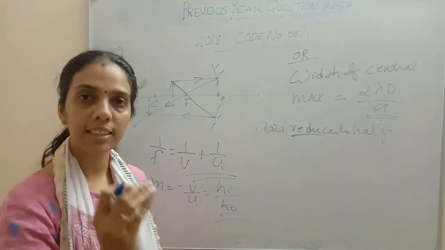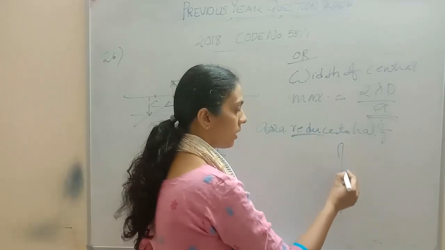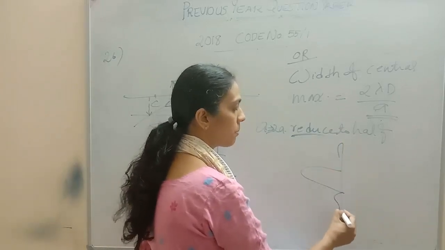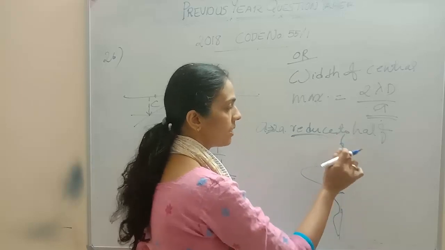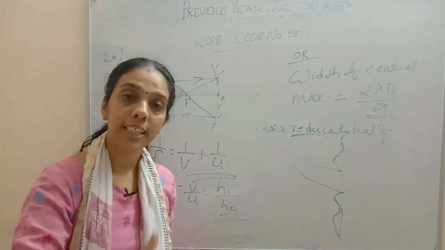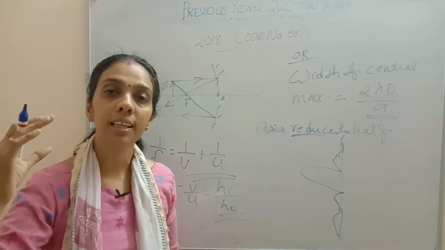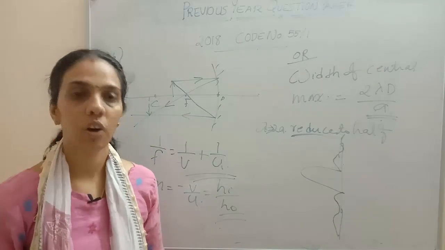In diffraction patterns, we know the central fringe will have the maximum intensity, and sidewise it will be decreasing, isn't it? So here the central fringe will be maximum. If an obstacle is there, at the center we will be getting a bright maxima. This is due to diffraction of light.